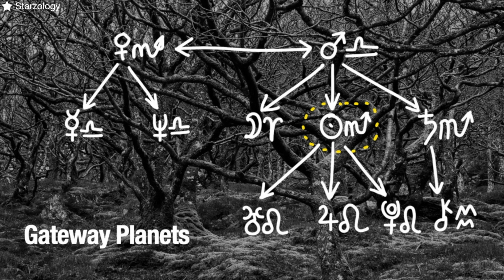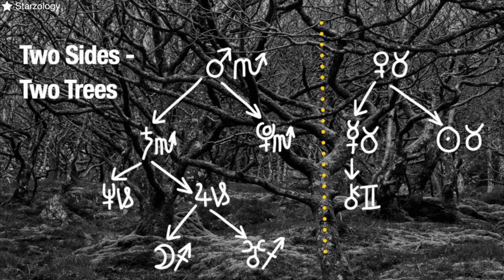Points to ponder, definitely. And then the fourth thing was, are there 2 sides because there are 2 trees? In this example chart, we've got 2 distinct trees. I believe this is Zuckerberg. You've got the Mars tree on the one side, which stands independently of the Venus tree. This does show generally in a chart that you've got 2 sides to the personality.